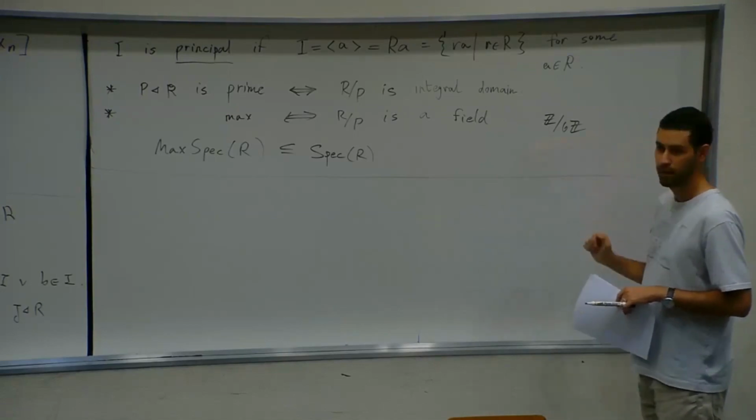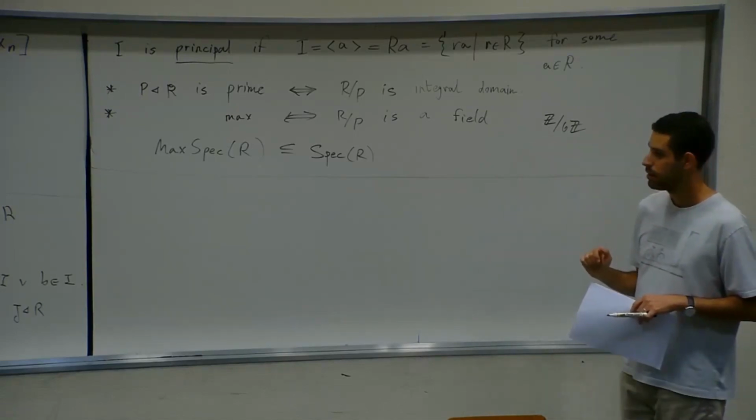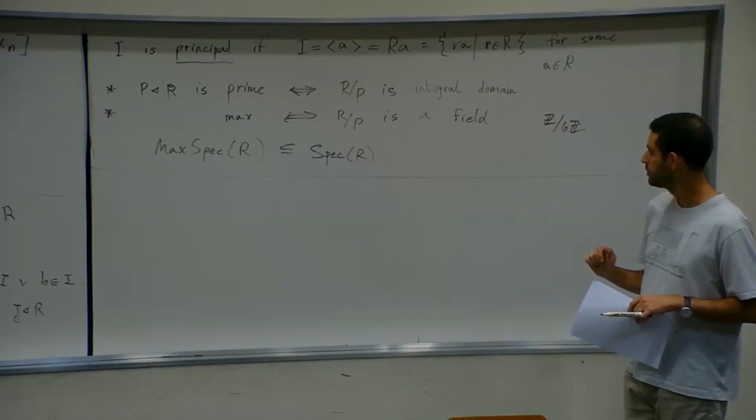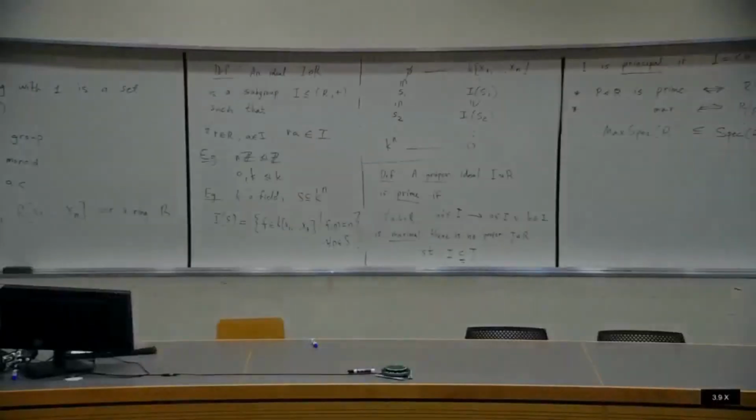Is it clear that if an ideal is prime, then the quotient is an integral domain? It's 2-3 lines to show it, maybe if we have time.